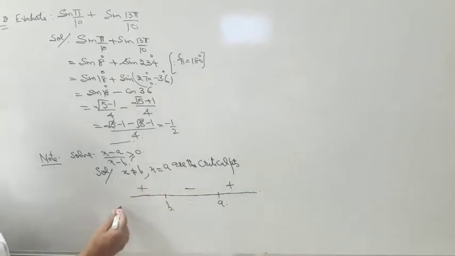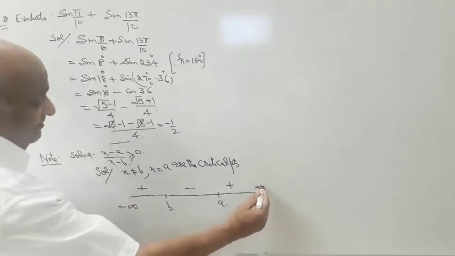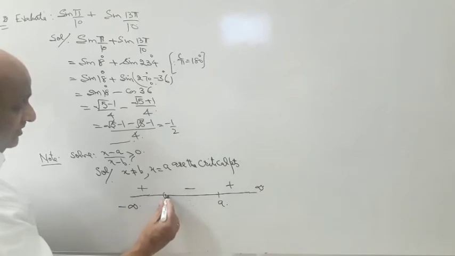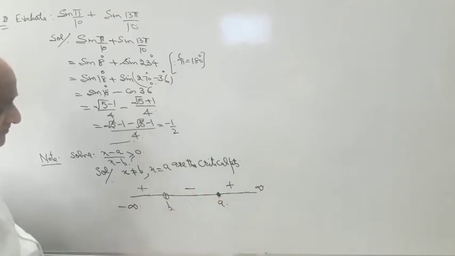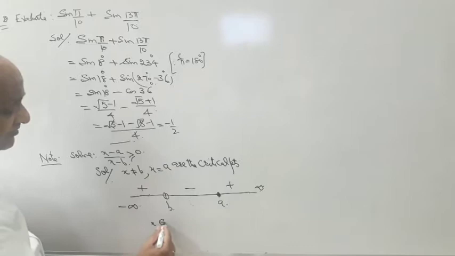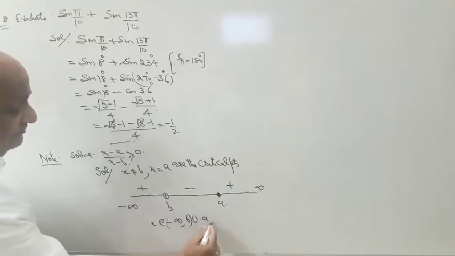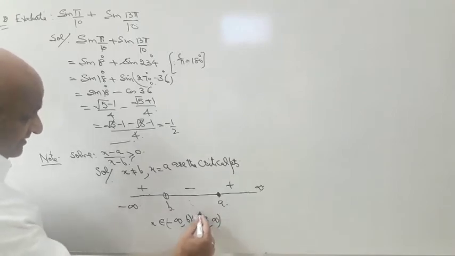So we are going from minus infinity to plus infinity. Here it is not equal to b, and it is equal to a. So we can write down the solution: x belongs to minus infinity to b, union a to infinity.